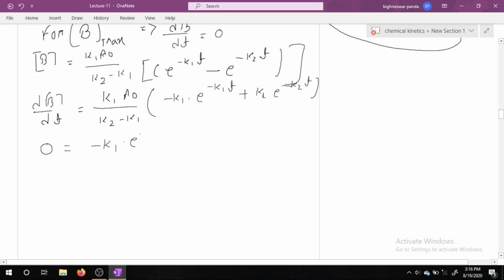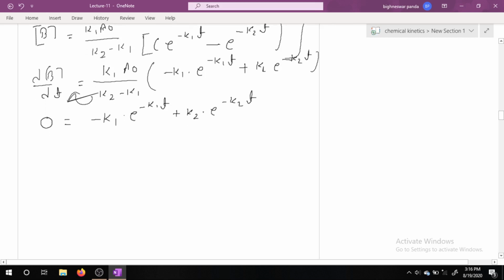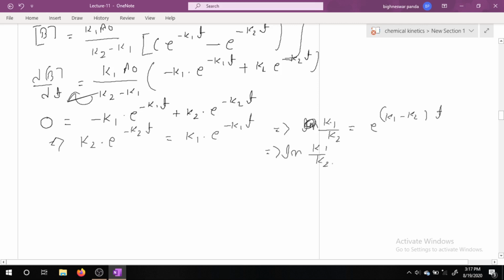Minus K1 e to the power minus K1 t plus K2 e to the power minus K2 t equals 0. So K1 by K2 is equal to e to the power K1 minus K2 times t. By taking ln on both sides, ln K1 by K2 is equal to K1 minus K2 times t.